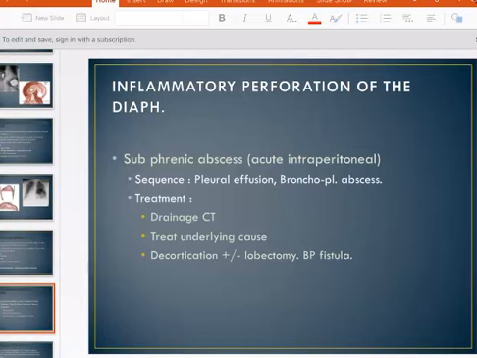Most important, you should drain by chest tube and treat the underlying cause. Sometimes, if it continues, it will need thoracotomy for decortication, plus or minus lobectomy, for closure of the bronchopleural fistula.